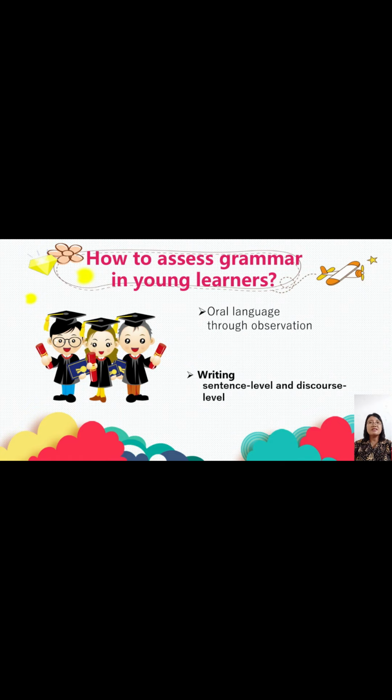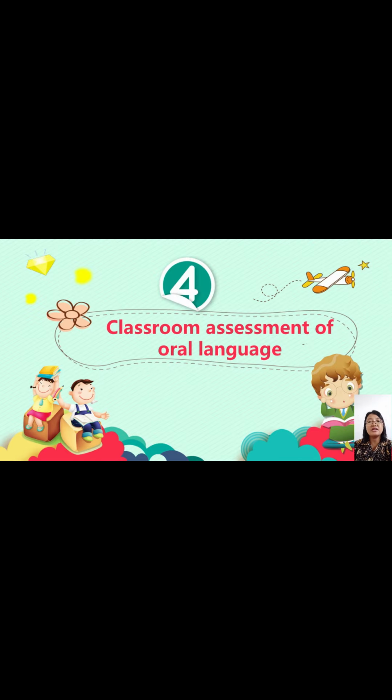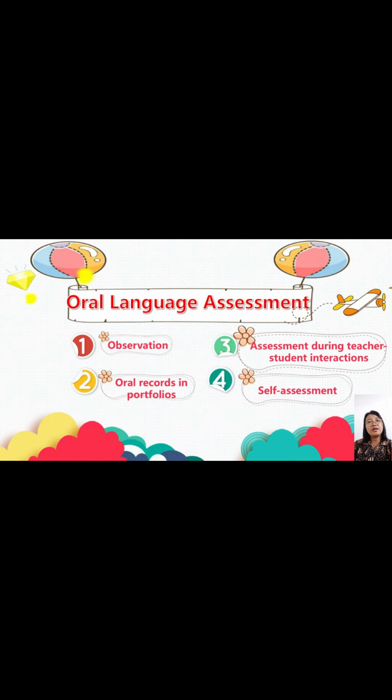And then at the sentence level: stress and intonation use, inflectional affixes. Next, classroom assessment of oral language. Assessment of spoken or oral language can be divided into several types. I will be brief and explain them one by one.